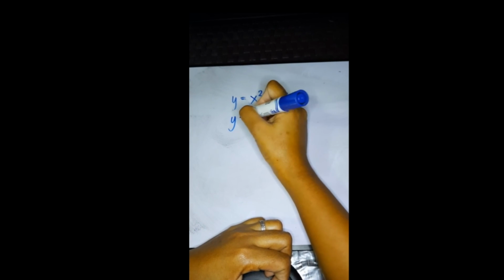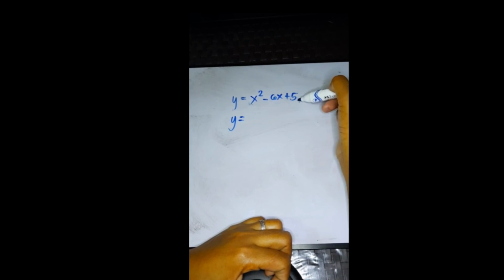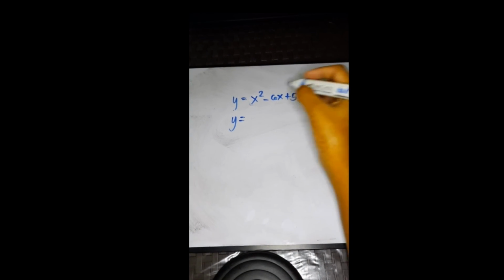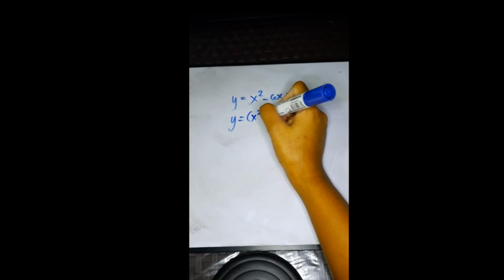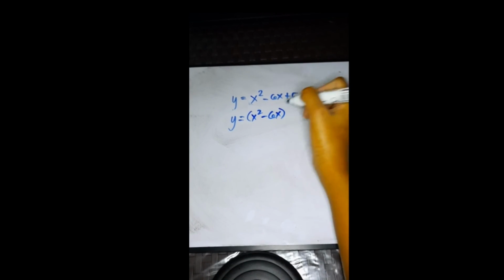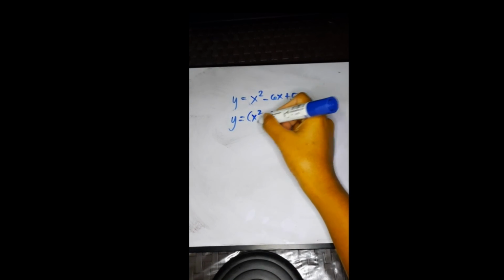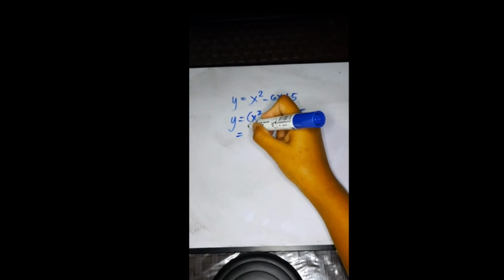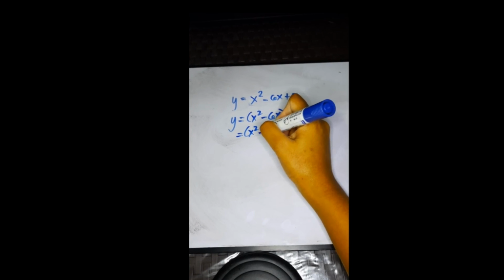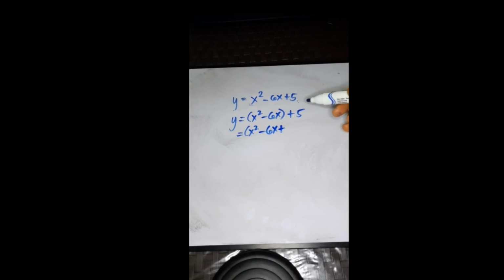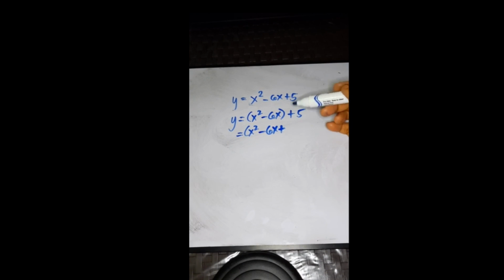So, i-complete lang natin itong square ng x squared minus 6x plus 5. So, first, we are going to isolate the constant. So, we are going to complete this. Gagawin nating perfect square trinomial. So, what will be added to x squared minus 6x so that it would become a perfect square trinomial?